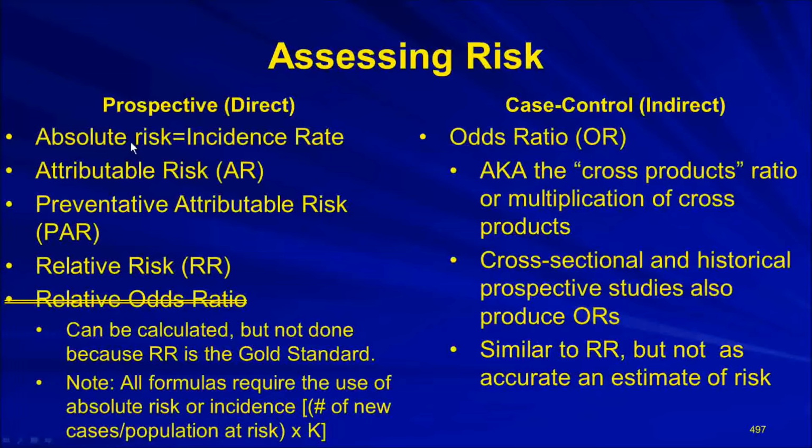Absolute risk is. So you have to know that absolute risk means incidence rate. And attributable risk is the amount of risk attributed to the exposure. And preventive attributable risk has to do with if people didn't engage in the behavior, how much risk would there be? And then relative risk is a matter of how serious the risk is, and we'll talk about how to calculate that.